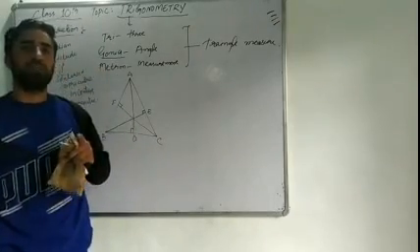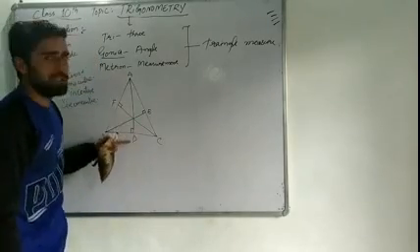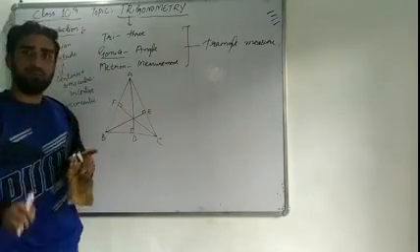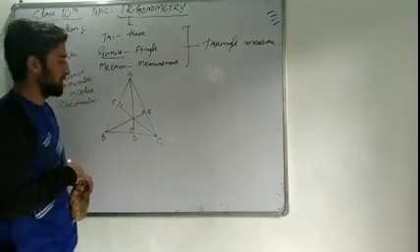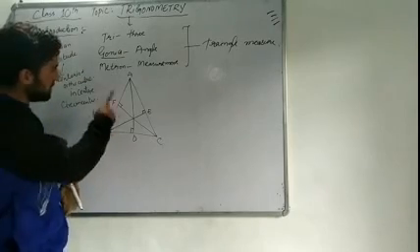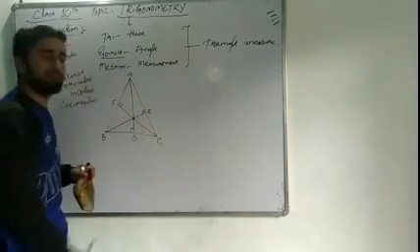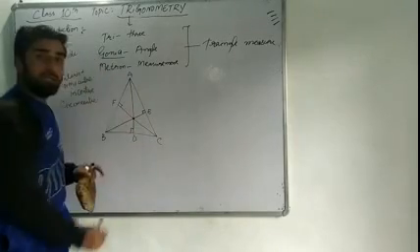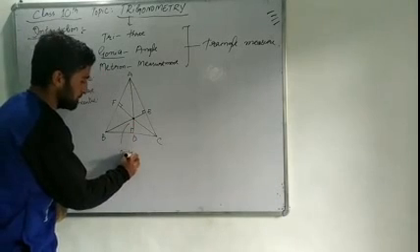So an altitude is simply a perpendicular drawn from the vertex to the opposite side. And we have at most three altitudes in a triangle. Again, these altitudes meet at some point in the interior of a triangle. What is this point? This point is called the orthocenter of a triangle.